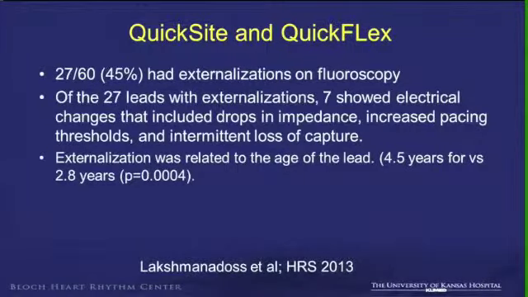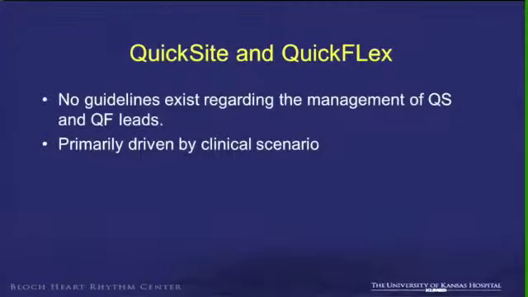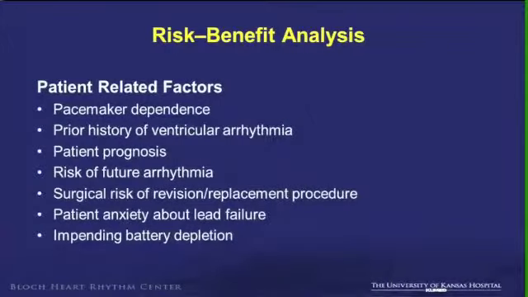So there are other studies. There's one other study where we found some electrical failures in Quicksite and QuickFlex, but they did not impact heart failure hospitalization. So no clinically significant impact at this point of time. So we need to assess the risk-benefit. Pacemaker dependence is one of the critical factors we need to consider in patients who have any kind of lead failure.